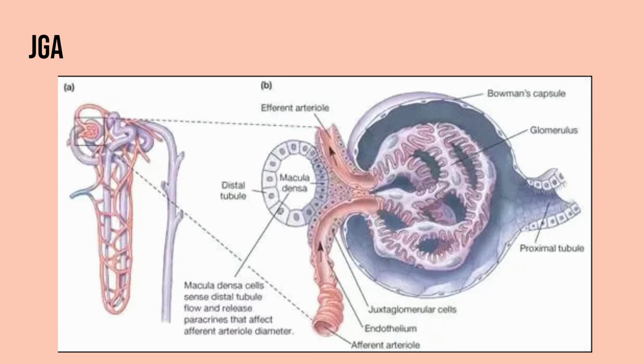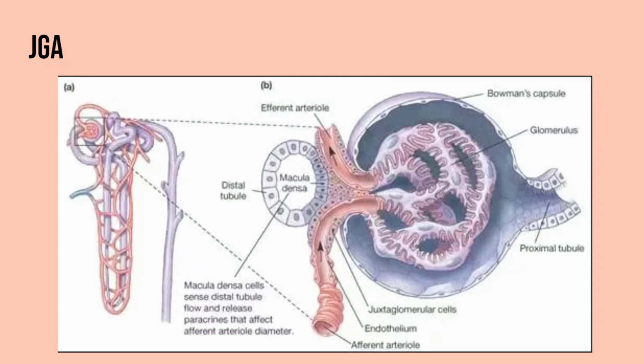And then the second type of regulation is the myogenic response, which is the kind of direct response of the smooth muscle.